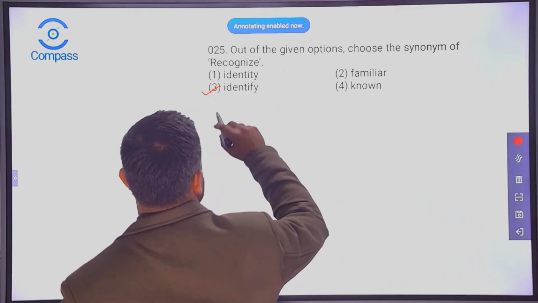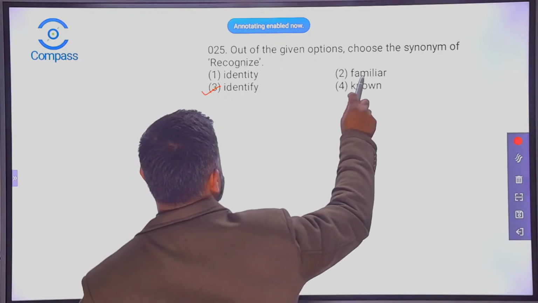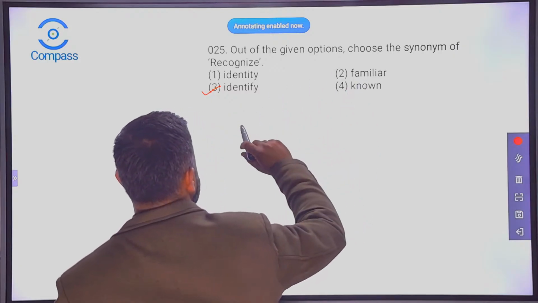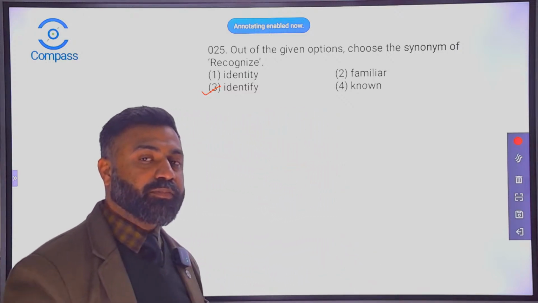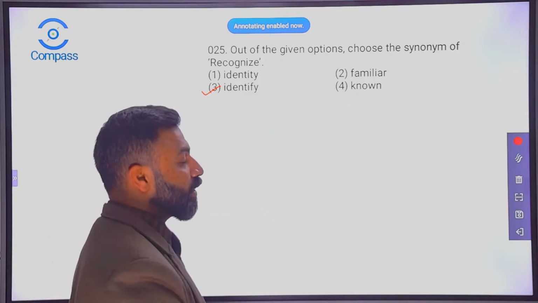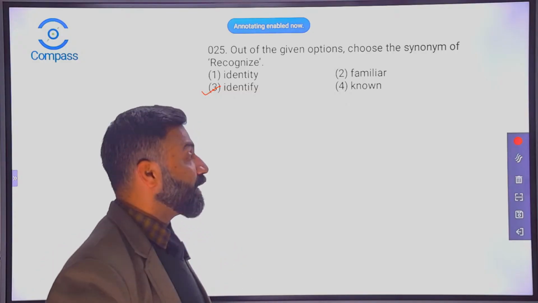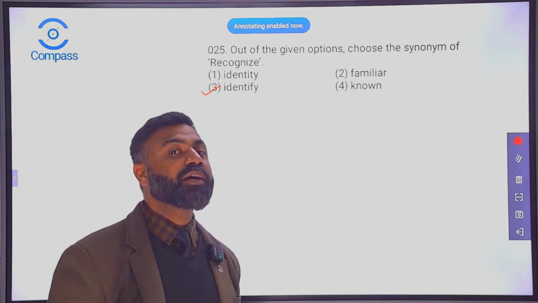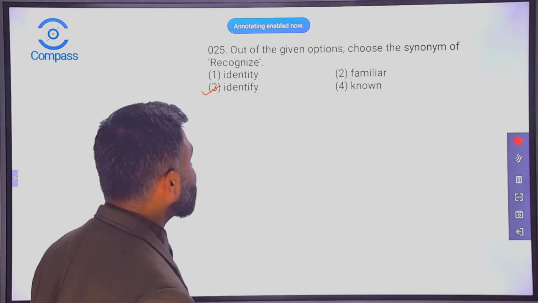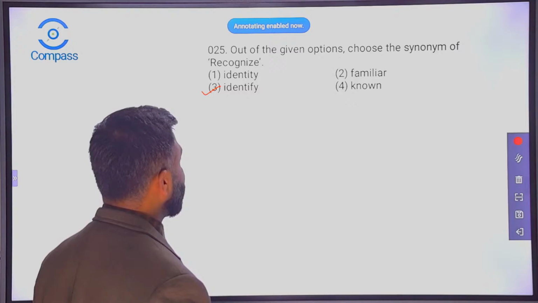Identify is the right answer, not identity, not familiar, not even known. These are very closely related words, kept in the question paper on purpose to confuse the candidate. But if you are sharp enough, you will be able to find the correct answer. So the synonym of recognize is identify.